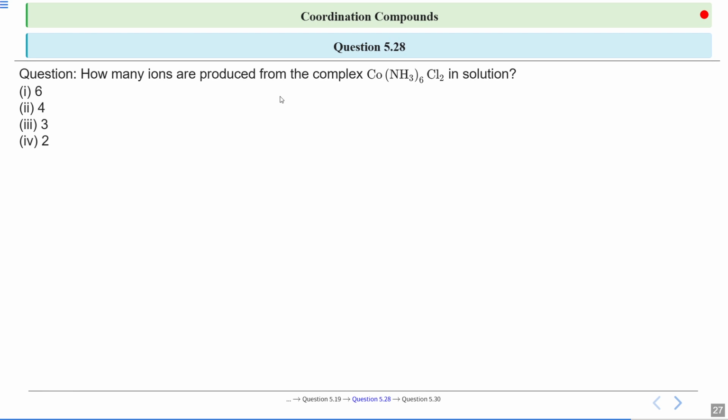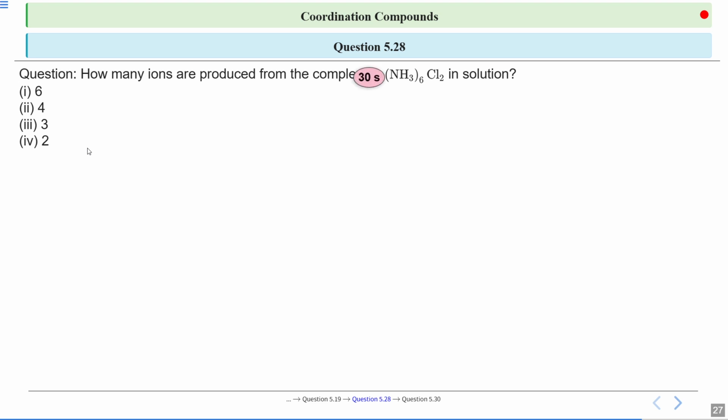Let's see our question 5.28. This question is saying: how many ions are produced from the complex [Co(NH3)6]Cl2 in the solution? So you have to tell how many ions you will get from this complex when you dissolve it in the solution. The options are 6, 4, 3 or 2.